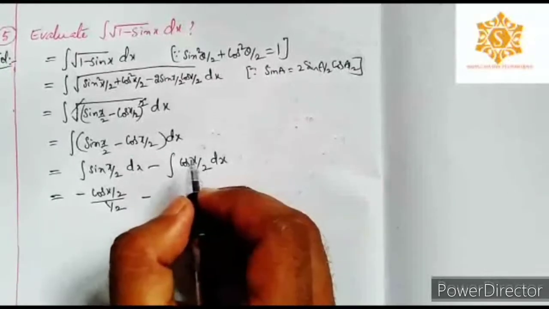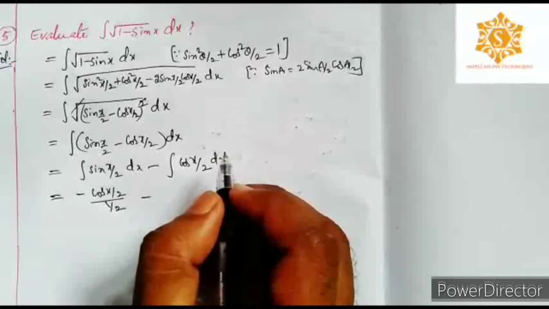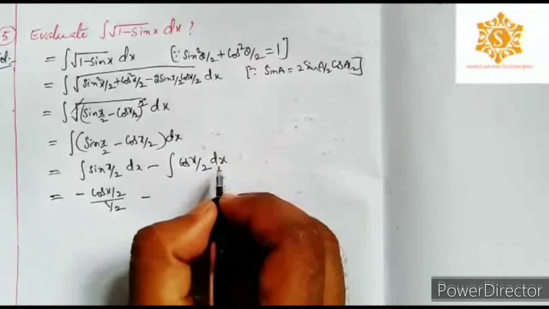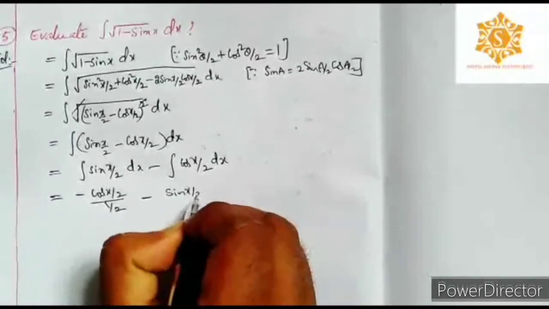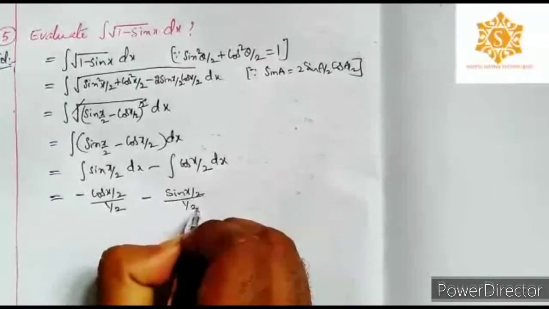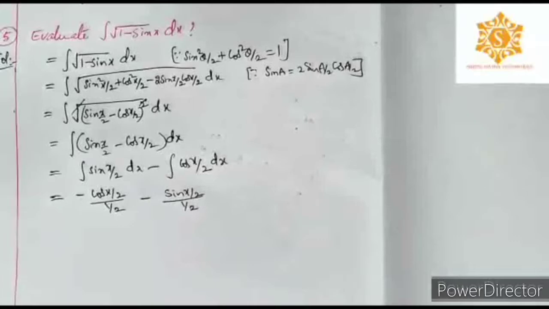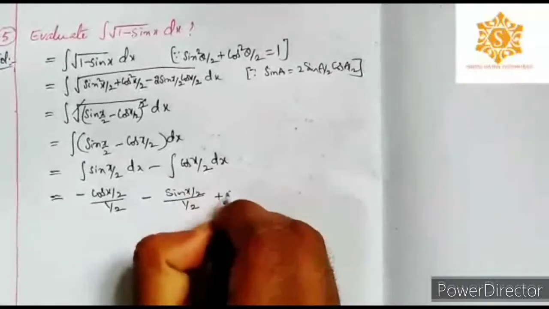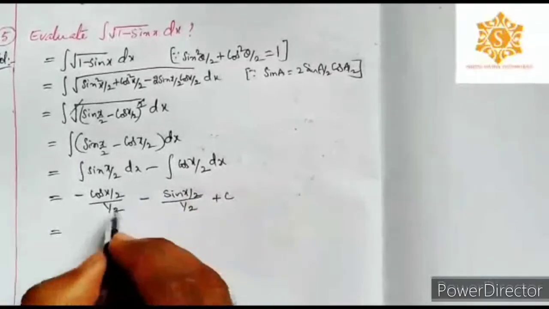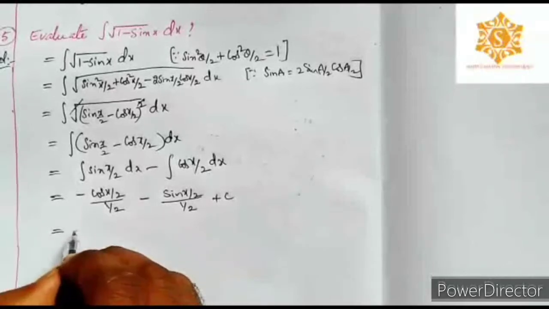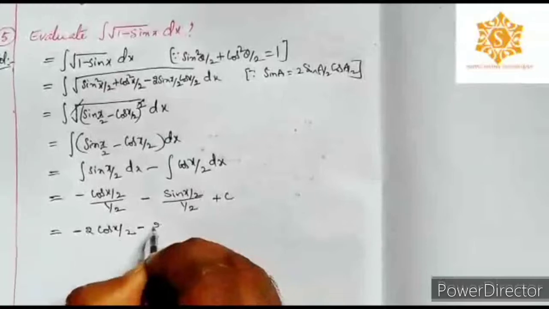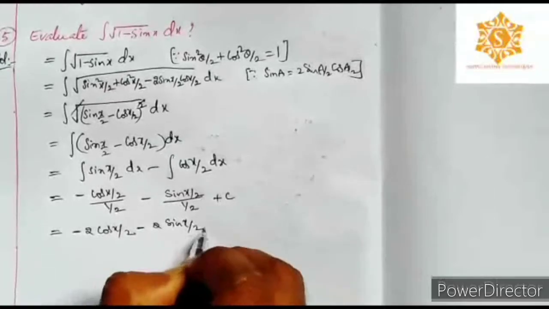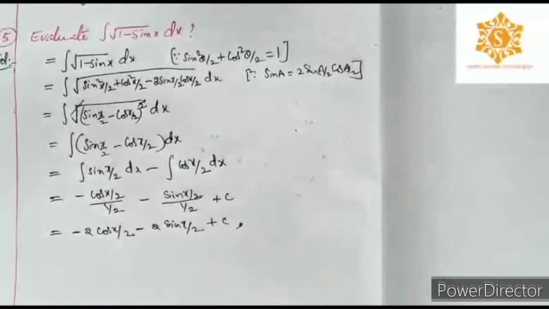Integration of cos x dx value is sin x, so integration of cos x by 2 dx value is sin x by 2 by, here x coefficient is 1 by 2, now write 1 by 2 in the denominator, plus c. So 1 by 1 by 2 value is 2. So minus 2 cos x by 2 minus 2 sin x by 2 plus c. This is the solution of the given problem.